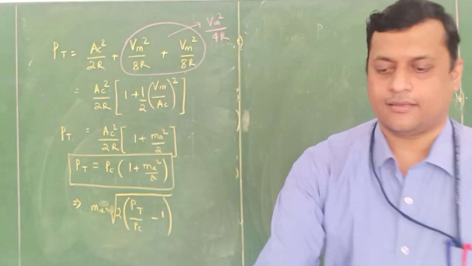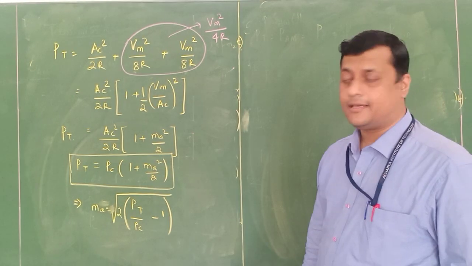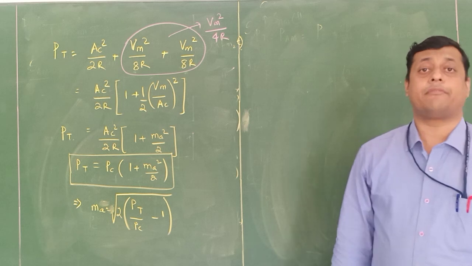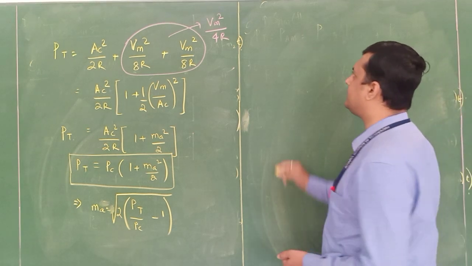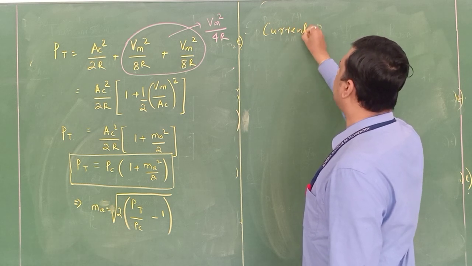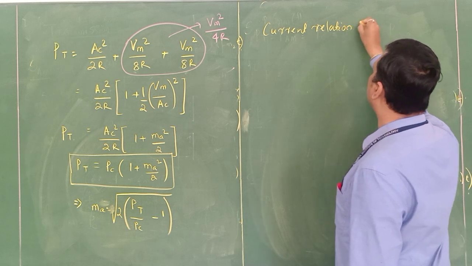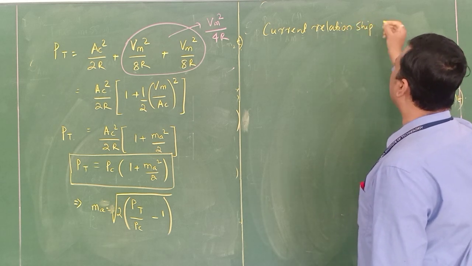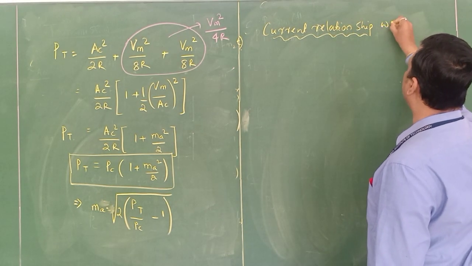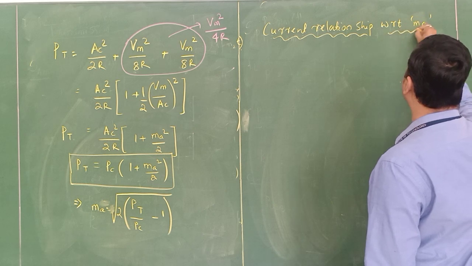Okay. Now, since it is related to power, you can also represent this modulation index in terms of current. How? Let's see. So that is called the current relationship with respect to modulation index MA.